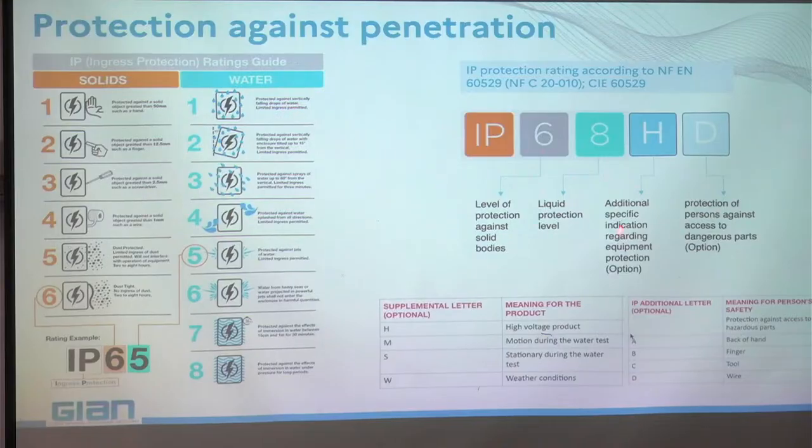Then the second one is the resistance to water penetration or liquid penetration. 1, normally you are protected if the water comes from above.